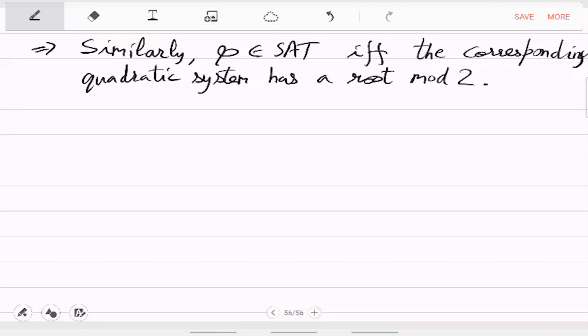Right, so that implies that you have reduced 3SAT. Remember, for every formula we are creating a system, right? Just one system is being created. So this is a polytime Karp reduction to quadratic equation 2.